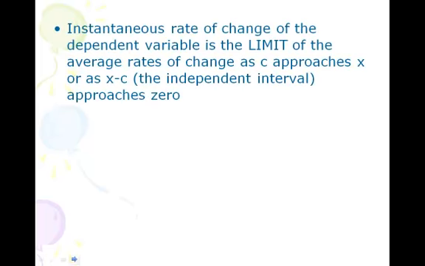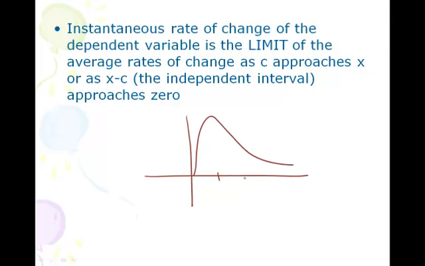We also are looking at the instantaneous rate of change, the limit of the dependent variable, which is the limit of the average rate of change as c approaches x, or as x minus c approaches 0. They are referring here, again, to an equation or a model where we have a value x.